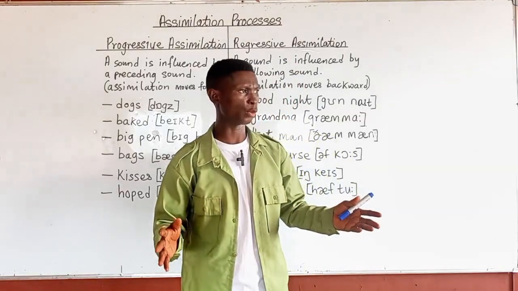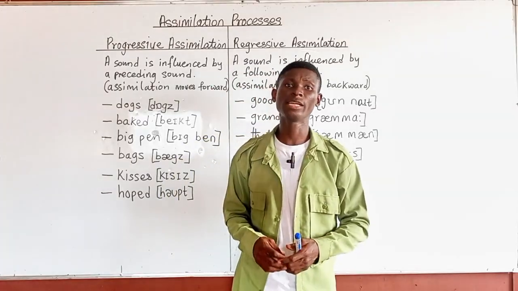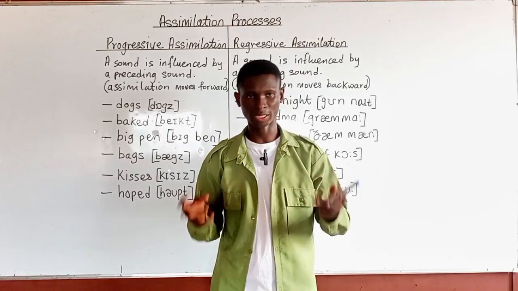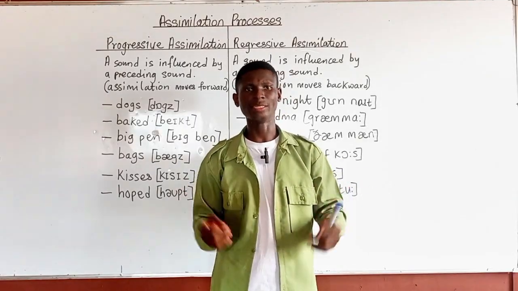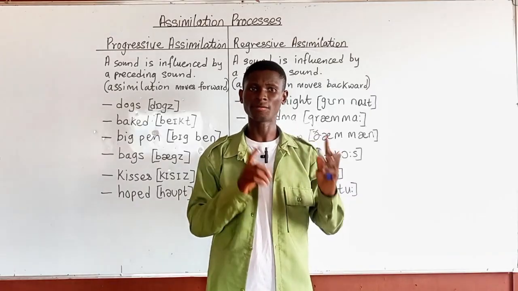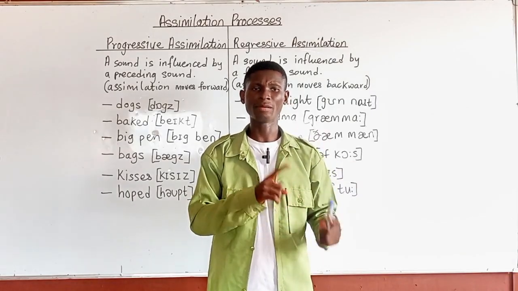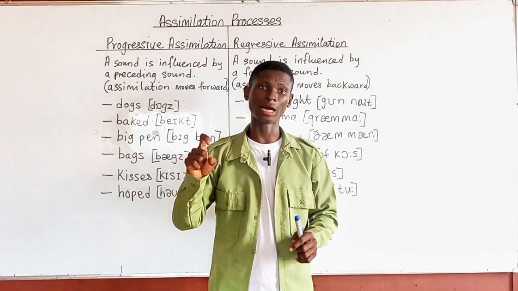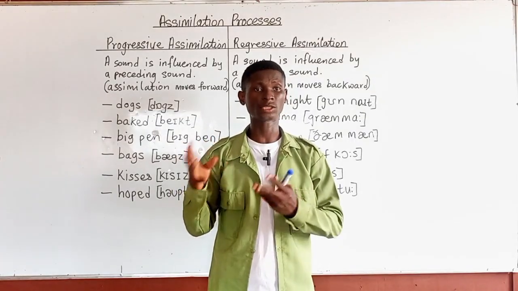Also, when it comes to place of articulation, that is the organ of speech involved in the articulation of a particular sound. When, for instance, the tooth root is involved in the first sound, and immediately after that sound, we have the back of the tongue and the velum, that's the soft palate.